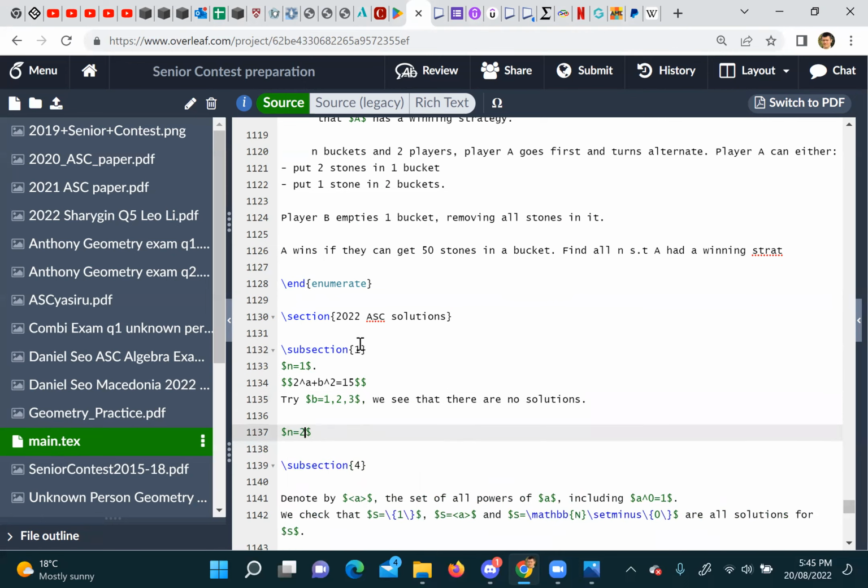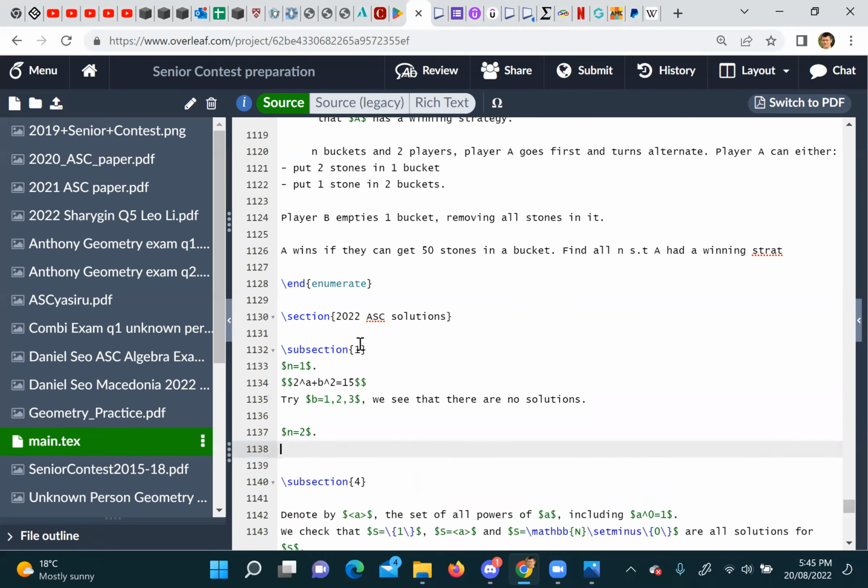Okay, n equals 2, 2 to the a plus b squared.